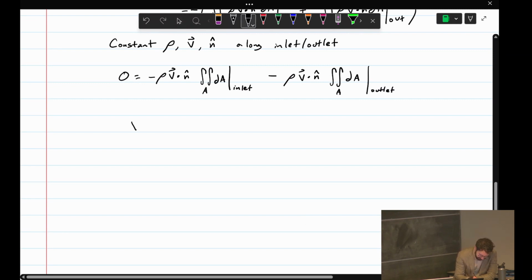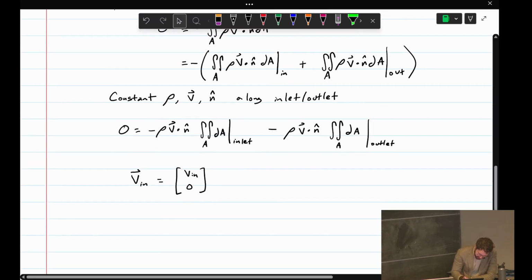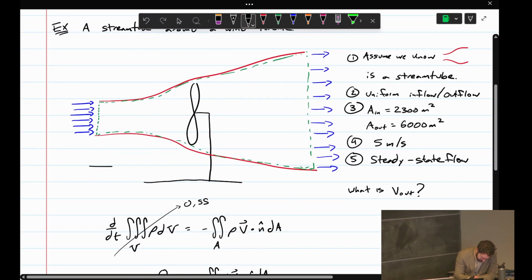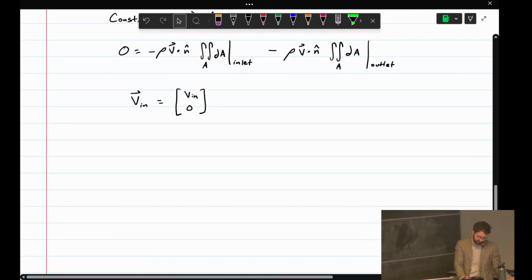Remember, this is a vector, the velocity vector. The velocity vector at the inlet is Vn, 0. Did I do x and y? Okay, I'll define our coordinate system. So our inlet velocity vector is just some Vn in the x, and there's no y component of that.